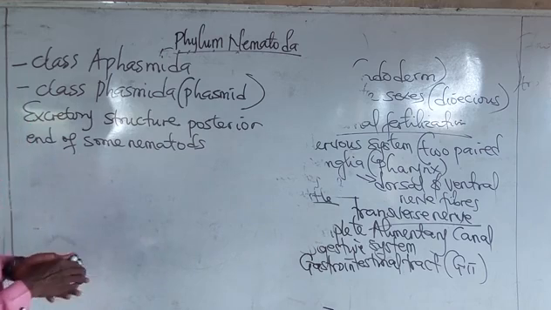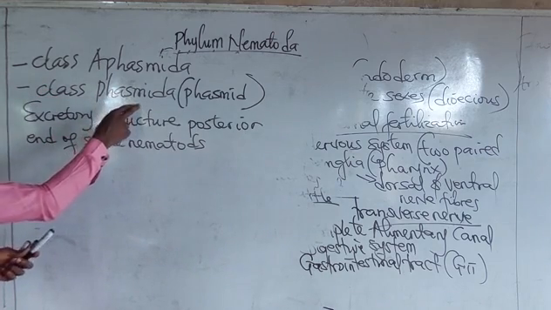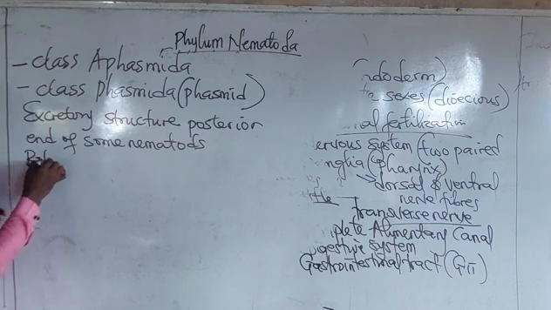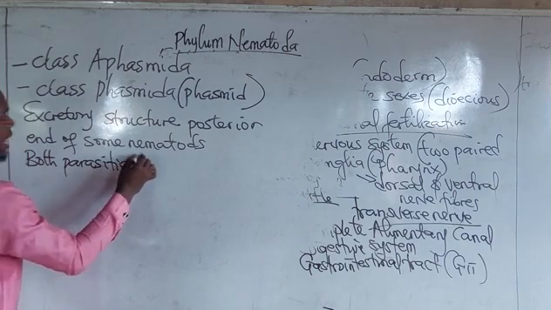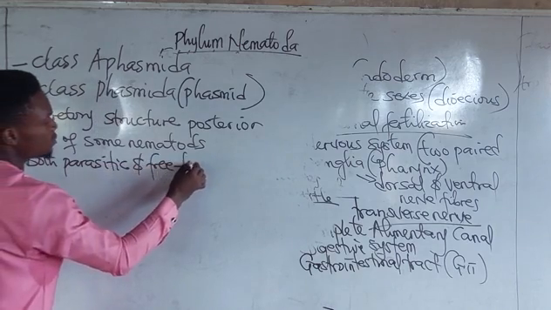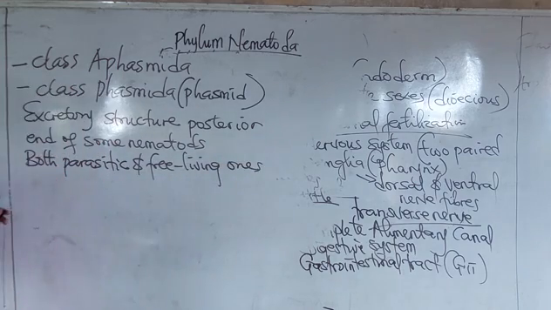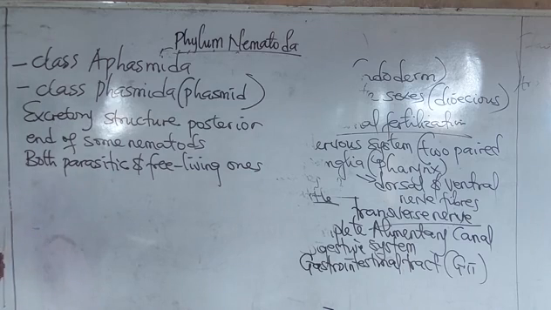And this class Phasmida houses both parasitic and free-living ones. Take note of that, which means these guys are mostly parasitic.